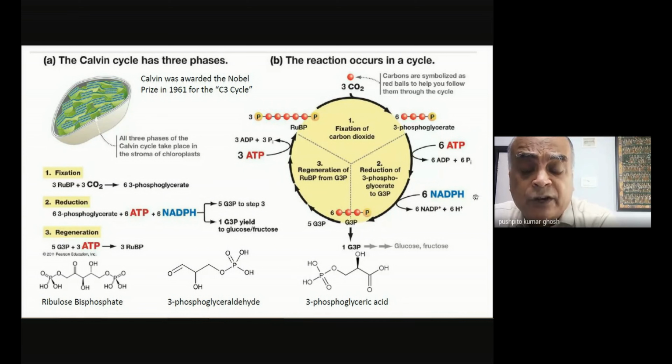Is it all that is required? No. It requires quite a bit of energy. It's an uphill conversion. Okay. So in the process, 6 ATP molecules now get converted into ADP and release their energy. Okay, that's 7.3 kilocalorie per mole.